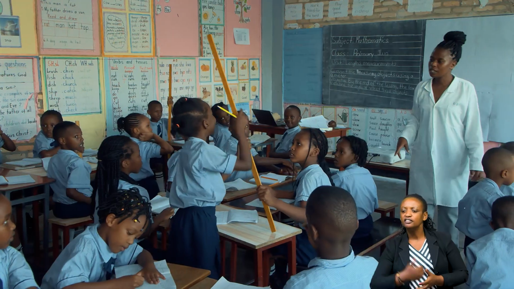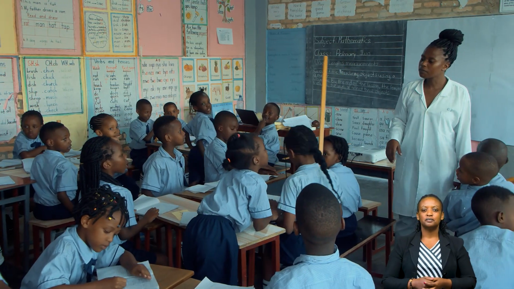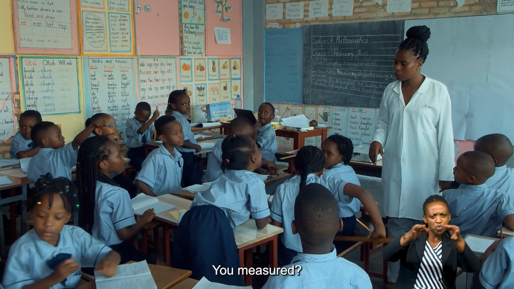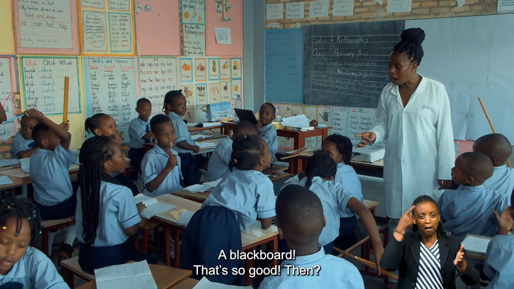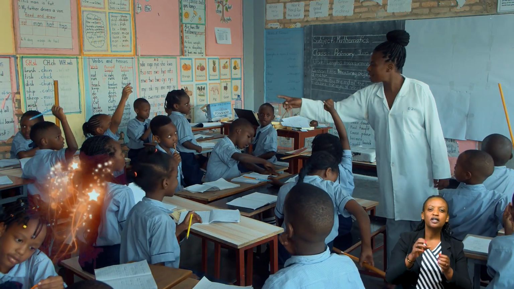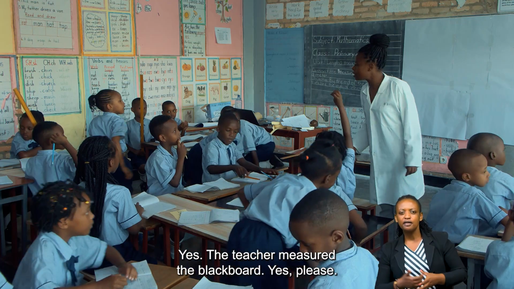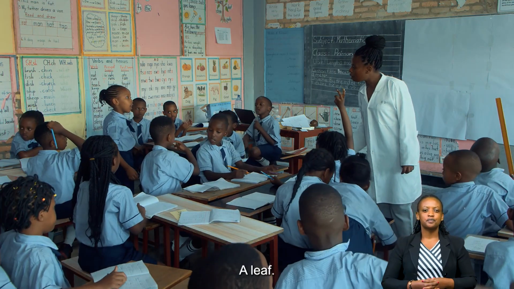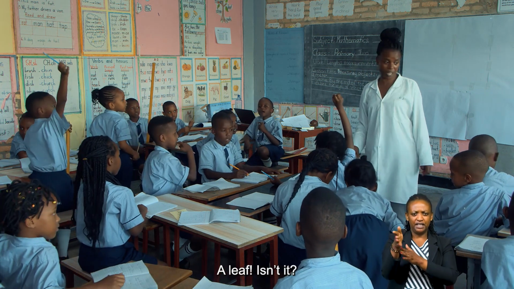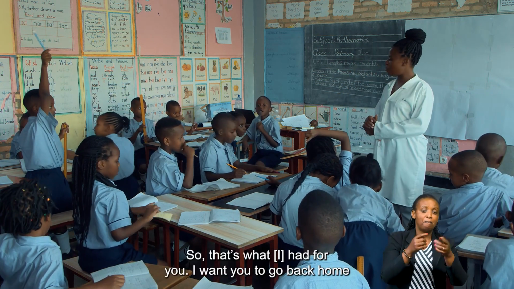Yes, please. Sandra? We measured a blackboard. That's so good. Then, yes, the teacher measured the blackboard. Yes, please. A leaf, isn't it? So that's what we had for you.